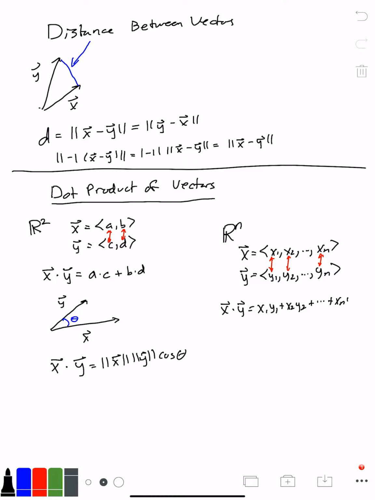If you just follow this rule, it will turn out that x dot y is the same as the length of x times the length of y times the cosine of the theta between them, even though we can't actually really draw in, say, 5 dimensions or 10 dimensions. This formula still holds true. And so anytime you are asked to find the angle between two vectors, that is the formula you want to use. So let's go ahead and do that now.